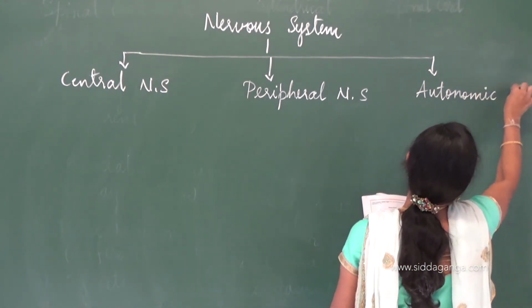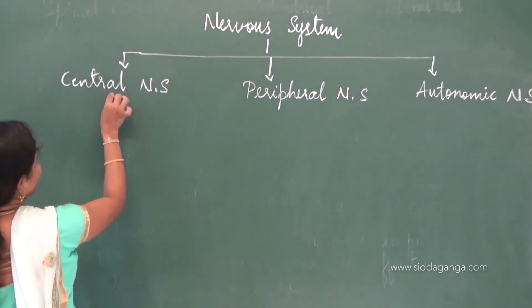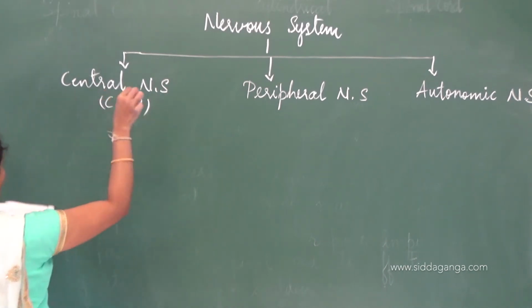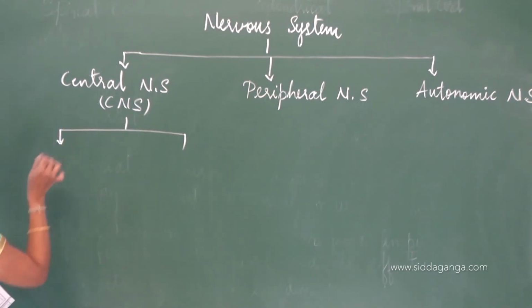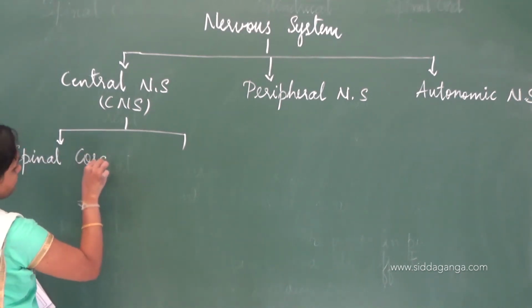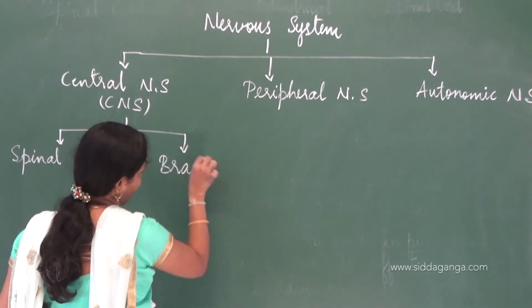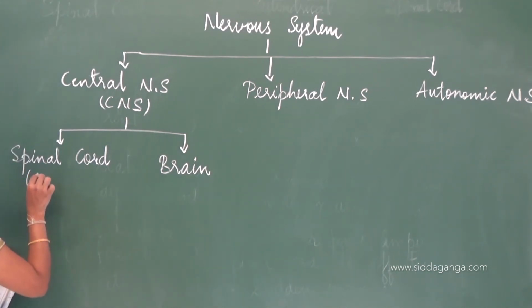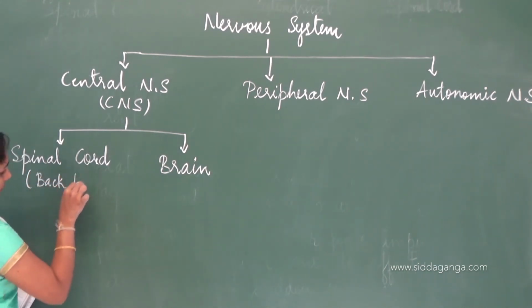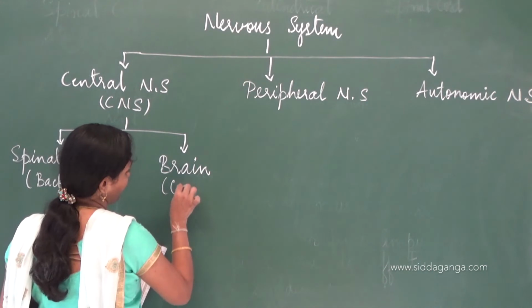The central nervous system, or CNS, consists of the brain and spinal cord. The spinal cord is protected by the backbone or vertebral column, whereas the brain is protected by the cranium.